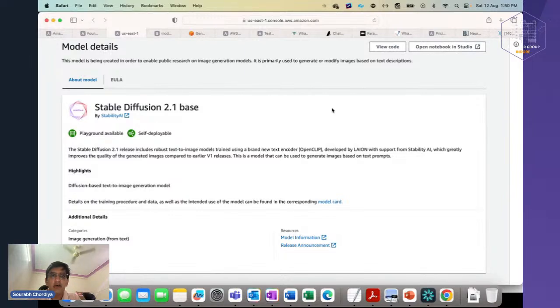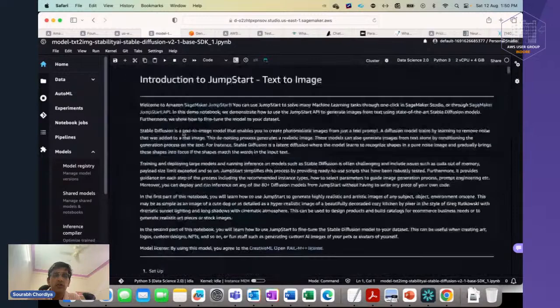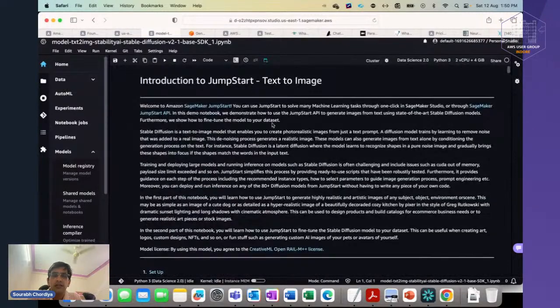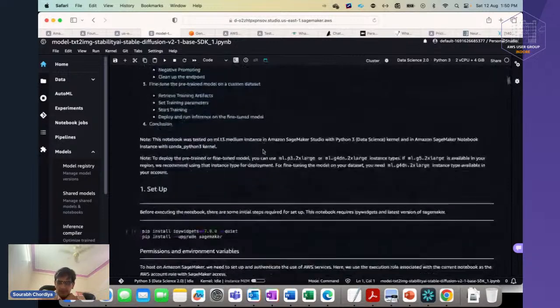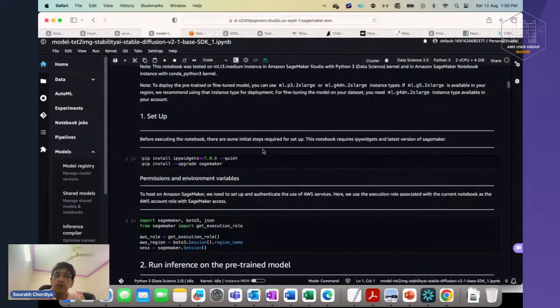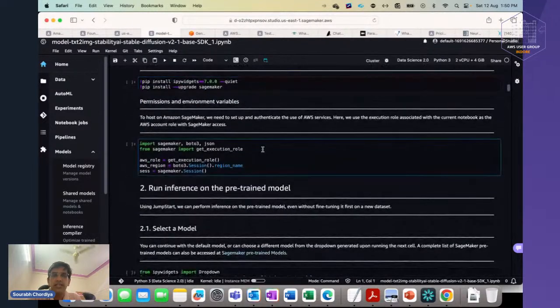So the notebook is available. I have opened it here. This is SageMaker Studio, and you will see this notebook allows you to do text to image generation. It can basically convert your text to an image. If you are doing it on your own trial, the free AWS non-enterprise account, then you have to remember that not all machine types would be available.